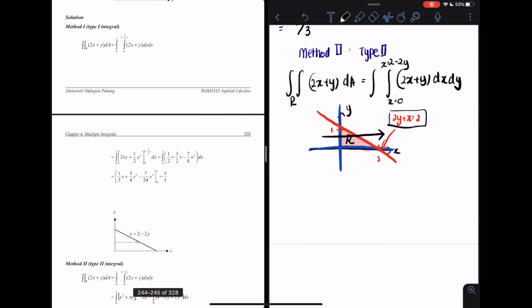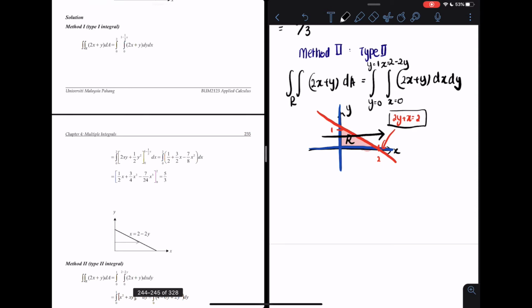And what should I do when I try to determine the lower and upper limit with respect to variable y? I have to observe this region R and look carefully on the y-axis, and observe that y starts at y equal to 0, and then it will end at y is equal to 1.